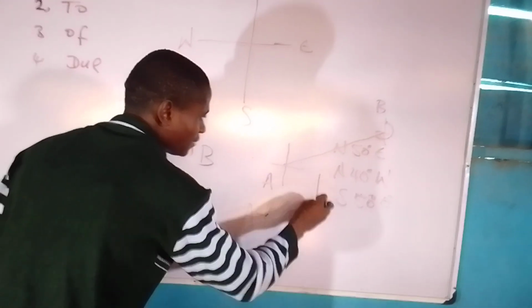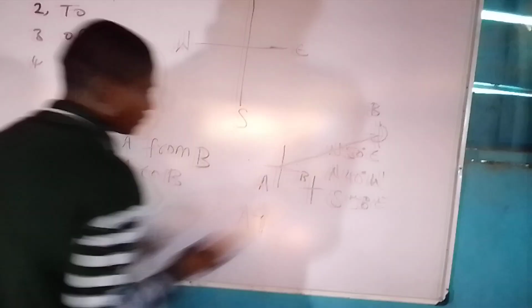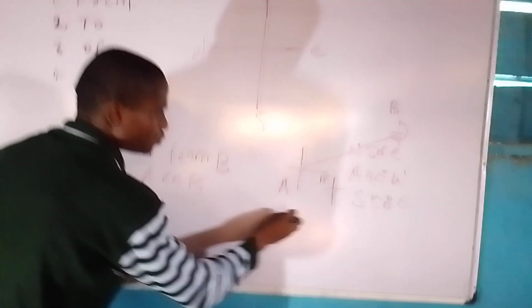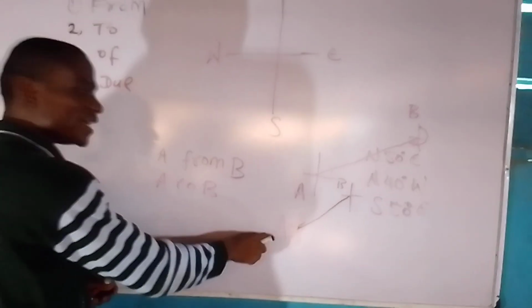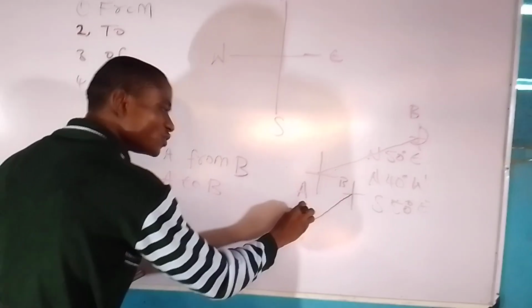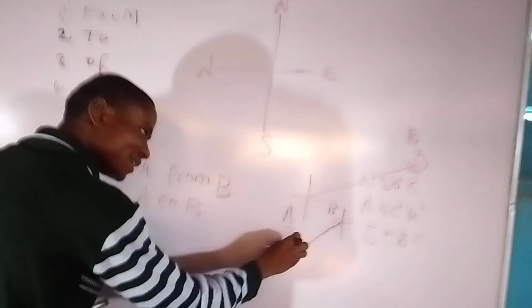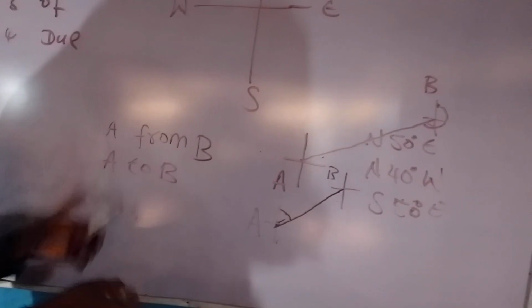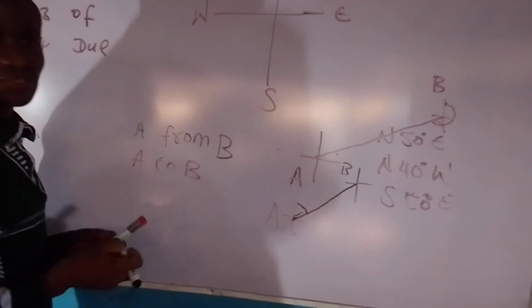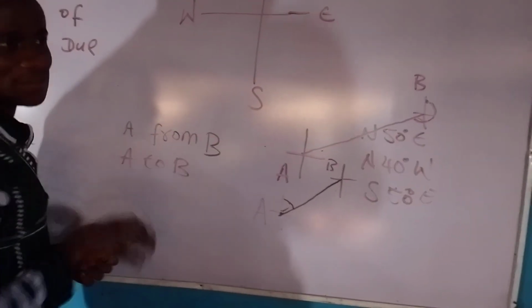Sorry, from A. See, this is B. We start from A to draw our bearing and join it like this, because they say the bearing of A to B. So our bearing is from the north of A, and then we join it. I'm not using any angle. I'm just giving arbitrary examples, so there is no angle in particular.